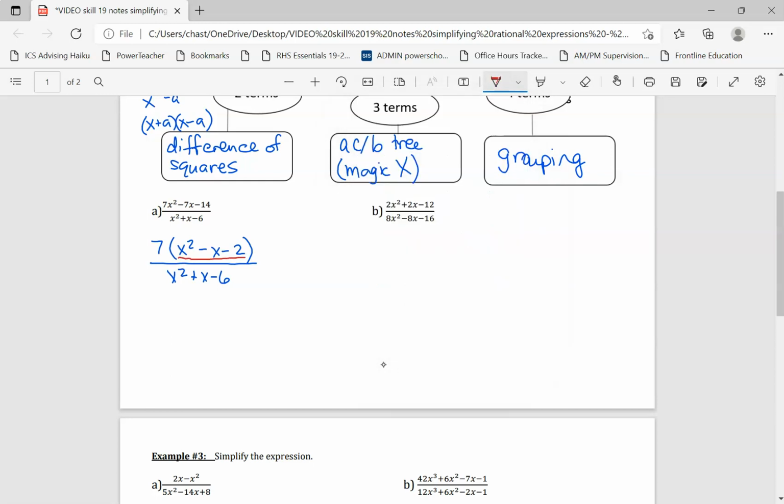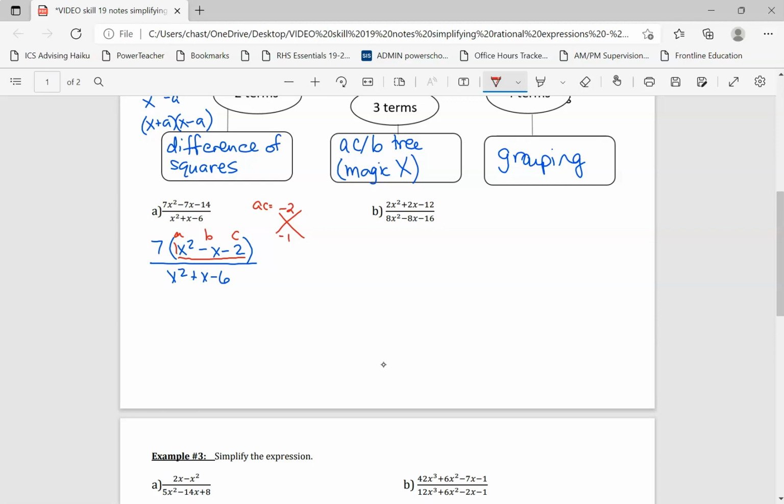So if I look at x squared minus x minus 2, I'm looking for two numbers that multiply to my a, which is 1, times my c, which is negative 2. And then I want the numbers to add to my b value, which is negative 1.